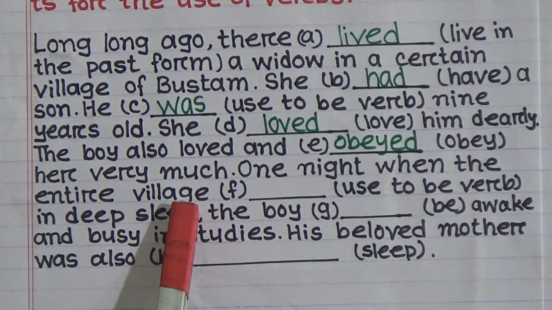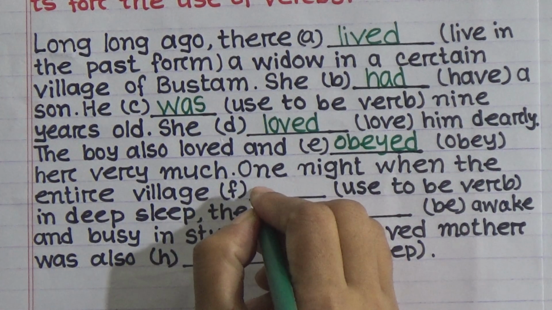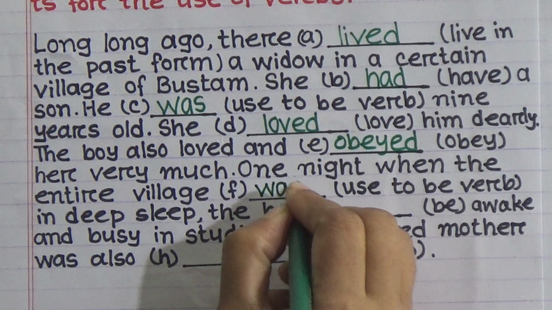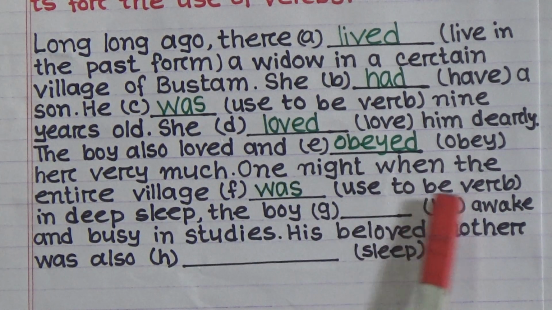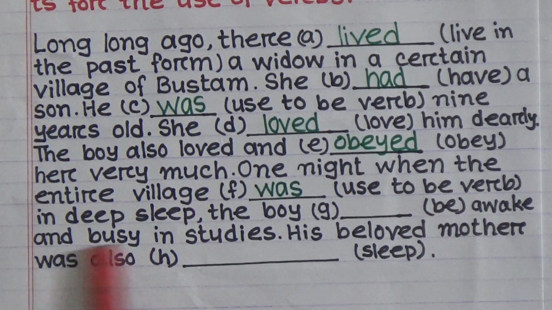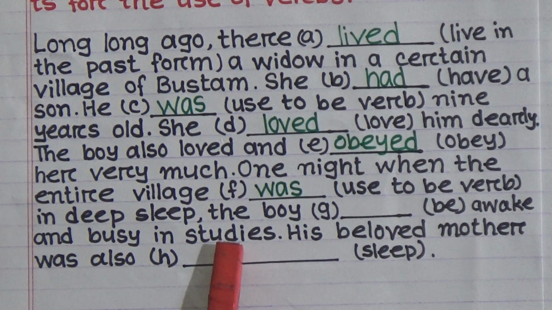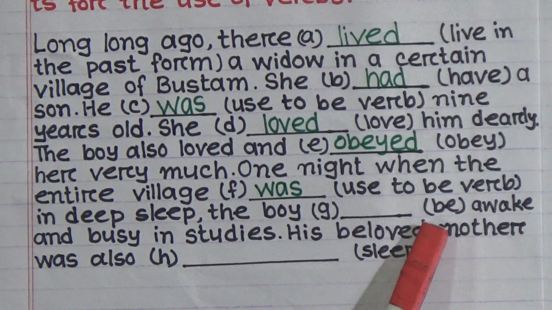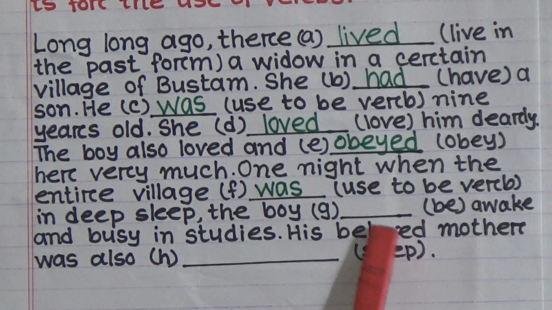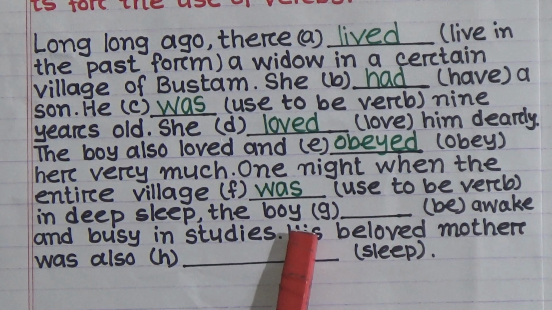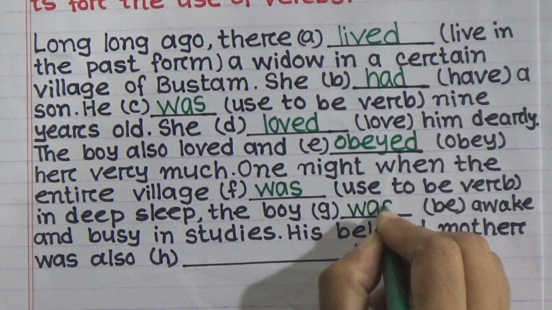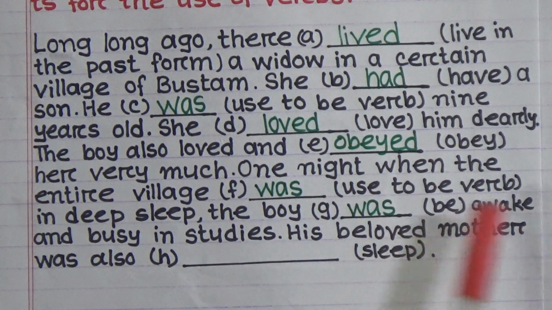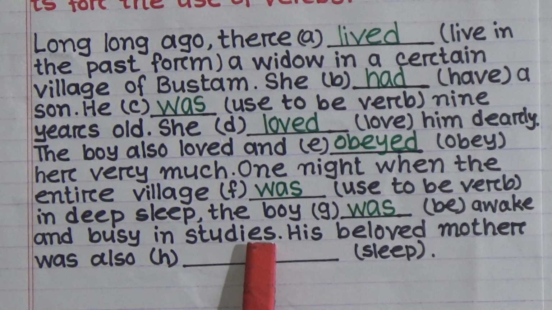It indicates singular, so it will be was. The entire village was in deep sleep. The boy dash, in bracket be, awoke and busy in studies. Again we have to use a be verb, so it will be was. The boy is singular, we have to write here was. The boy was awoke and busy in studies.